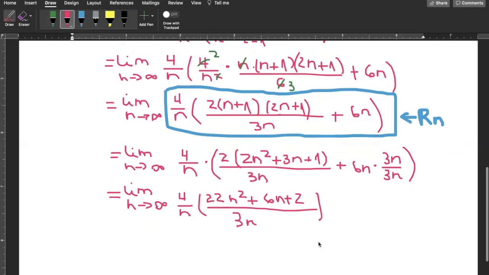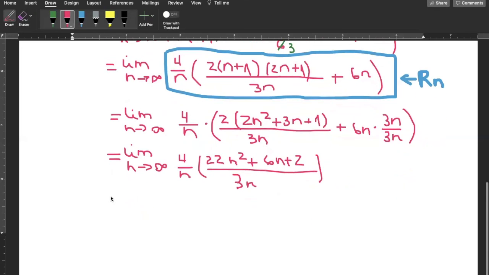And then we can just distribute the 4 over n and then find the limit. Let me just make sure. So this is 4 plus 18 is 22. This is 6. Okay. So now we'll just distribute the 4 over n before we find the limit.